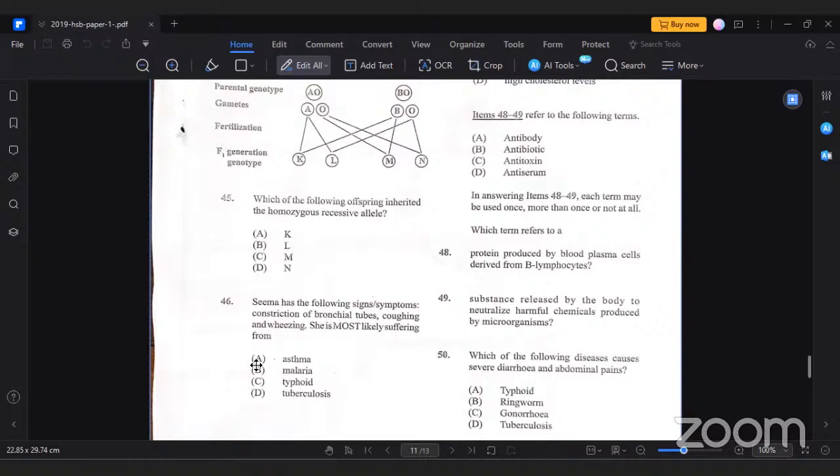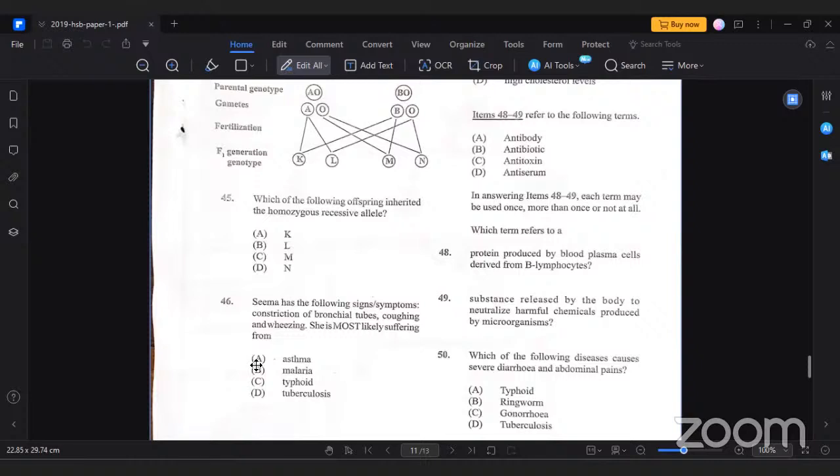Is it A, antibodies, B, antibiotic, C, antitoxin, or D, antiserum? What is our answer for 48?